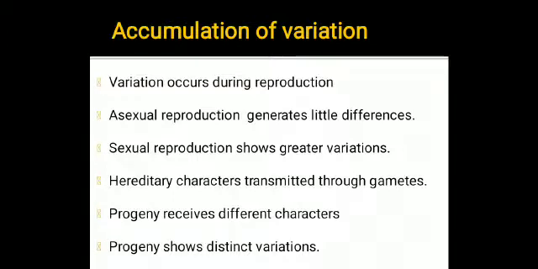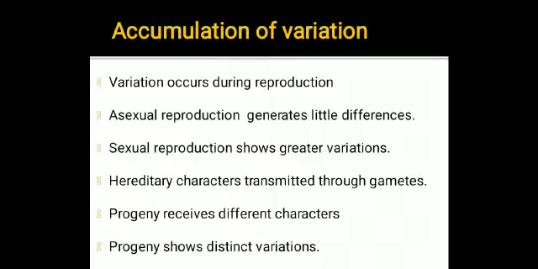There is no sex involved, so it cannot produce more variation. It produces only little differences, a minor variation, which may be due to small inaccuracies during the copying of the DNA.